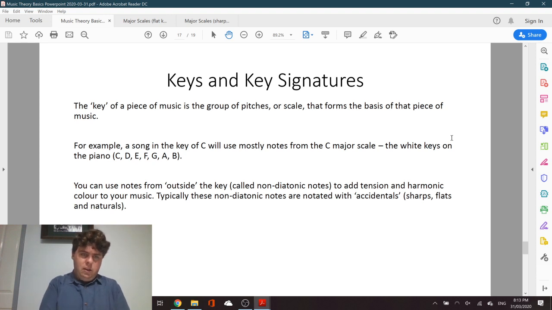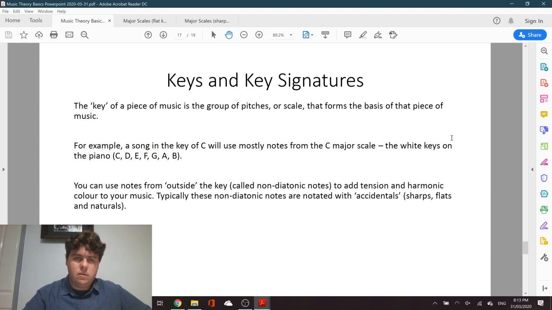So you can use notes from outside the key. We call those non-diatonic notes to add tension and harmonic color to your music. Typically, these non-diatonic notes are notated with accidentals: sharps, flats, and naturals.